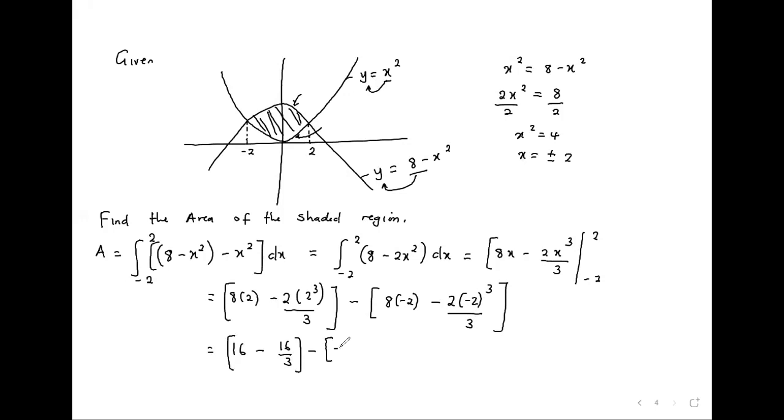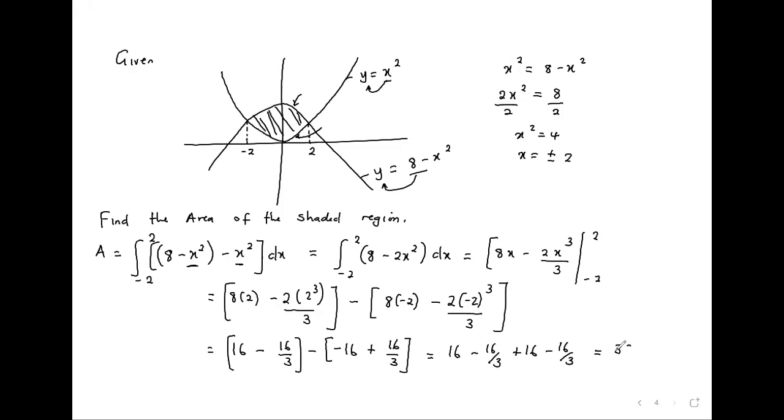Where is the x squared coming from? We're subtracting negative x squared, minus x squared. Okay, thank you, sir. When you expand, you will have 16 minus 16 over 3 plus 16 minus 16 over 3.